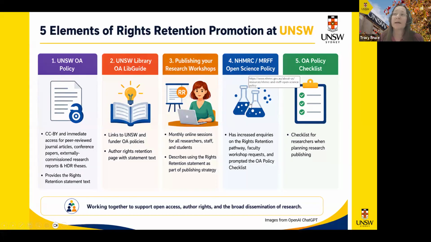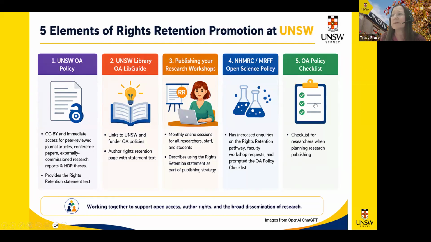And the recent NHMRC and MRFF open science policy has certainly raised a lot of interest in rights retention. And we've had a lot of inquiries on using the rights retention statement and open access pathways open to researchers. So that's been great for us, and it has actually prompted us to develop the open access policy checklist, just as a convenient way for authors to understand how they can use rights retention and have those open access pathways available to them.